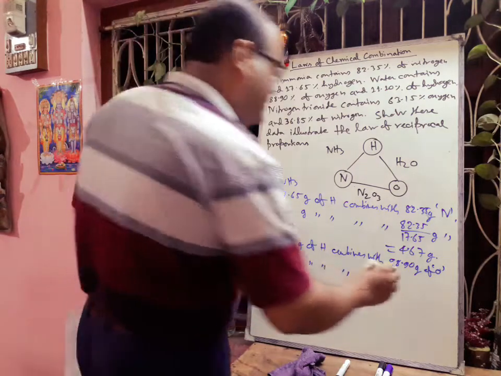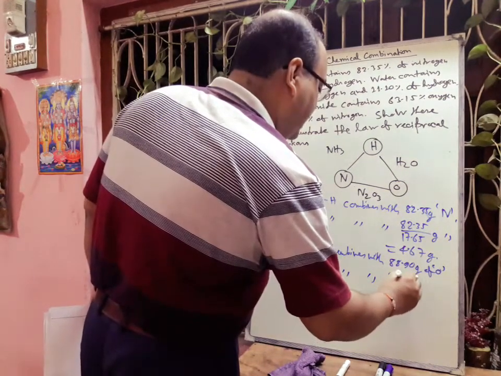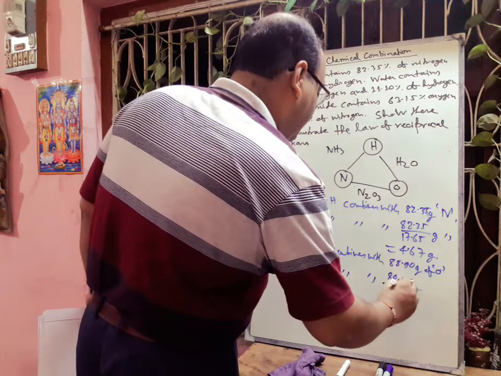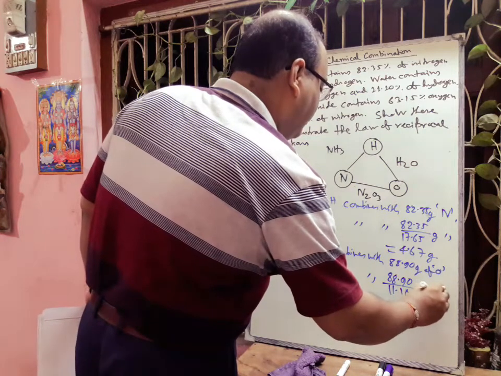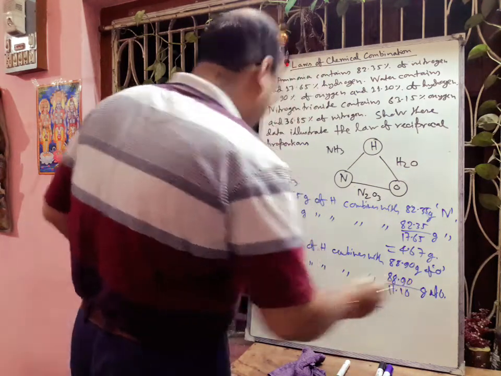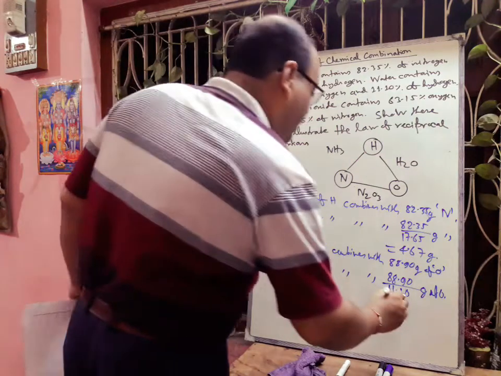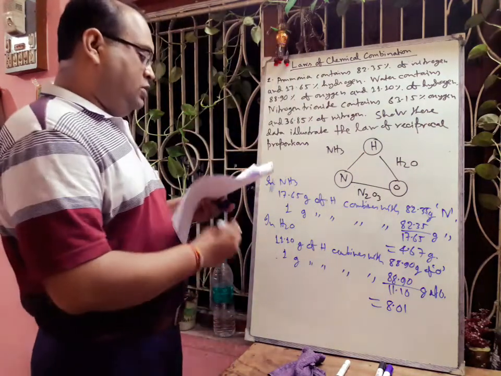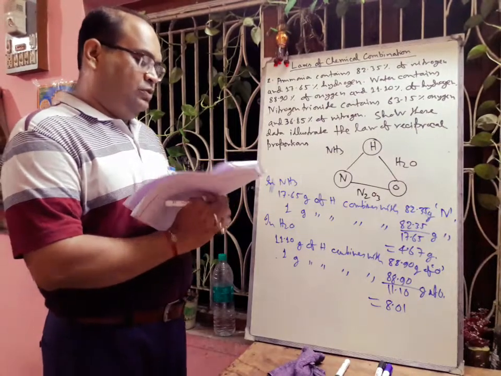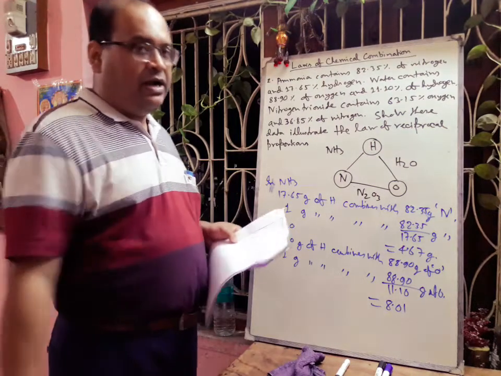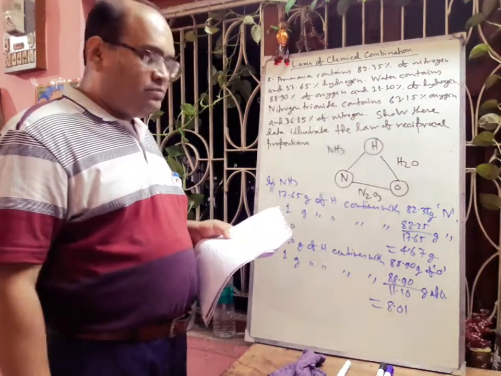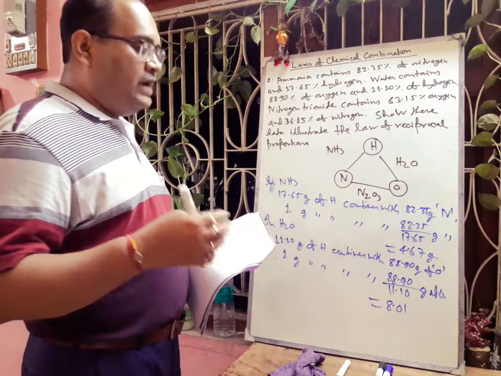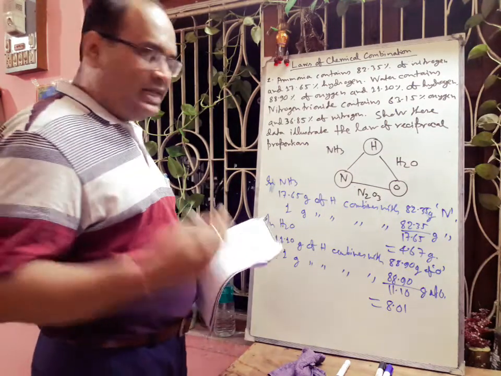That will be 88.90 divided by 11.10 gram of oxygen. So if we calculate, we will get 8.01. So now with the fixed mass, that is 1 gram hydrogen, the amounts of nitrogen and oxygen combined, we will take the ratio.